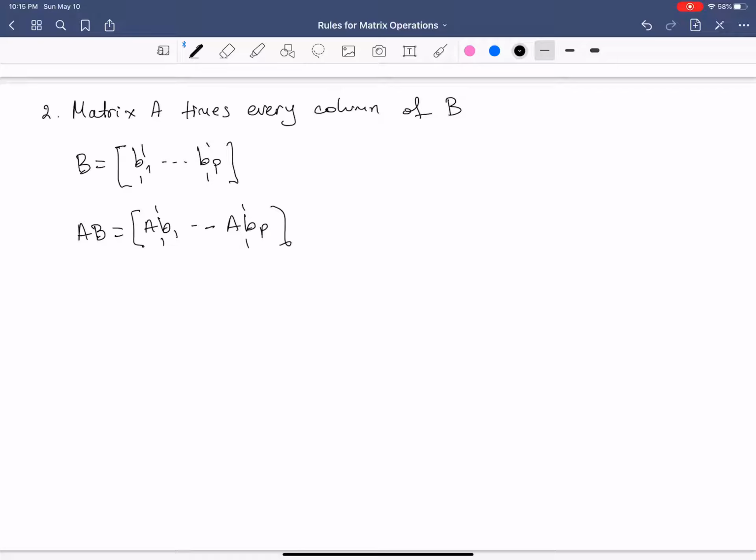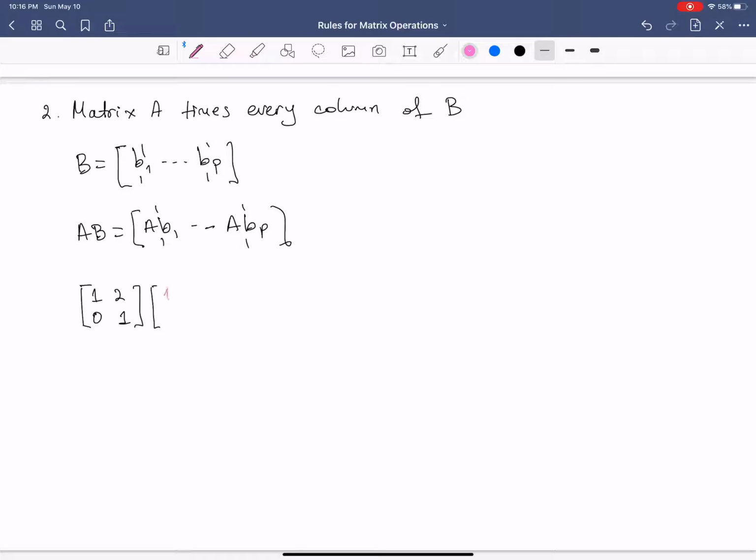If we look at an example, let's say the matrix 1, 2, 0, 1 times this other matrix, and I'm going to change colors here just so you see.